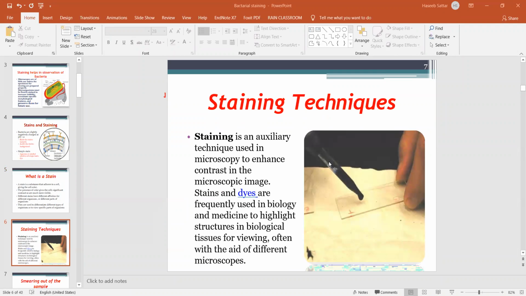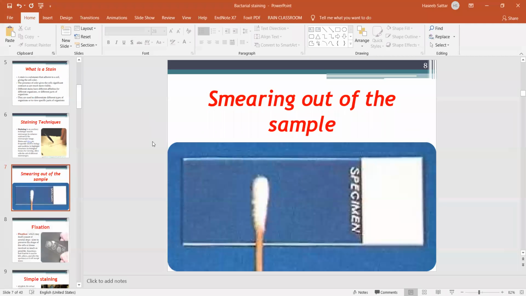Staining is used in microscopy to enhance the microscopic image. In microbiology, especially bacteriology, staining is a backbone, because all bacteria must be stained before looking under the microscope. Without staining, we cannot see the bacteria. That is why staining is a necessary part of bacteriology.